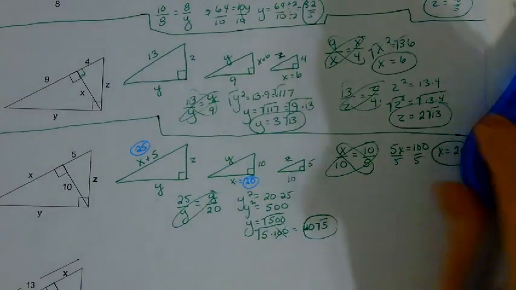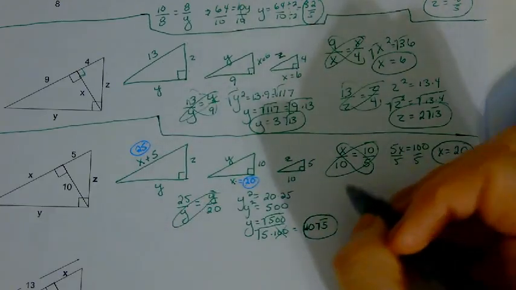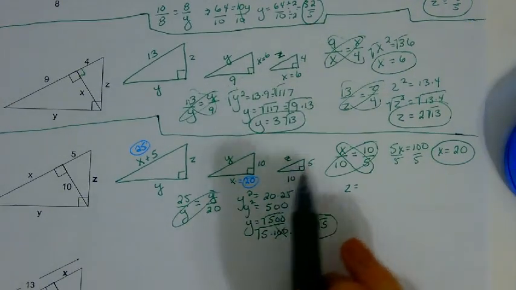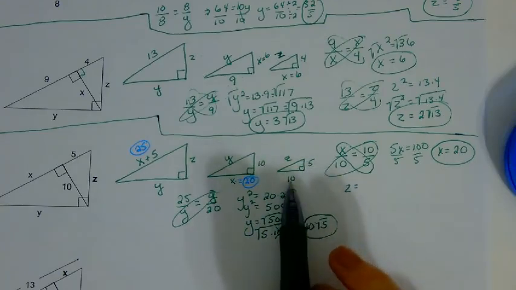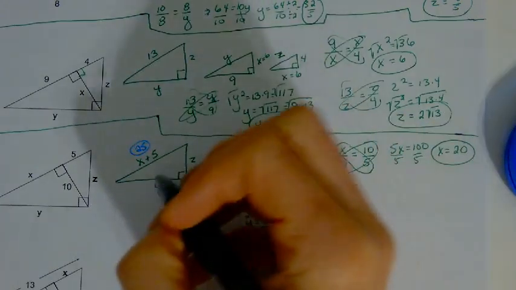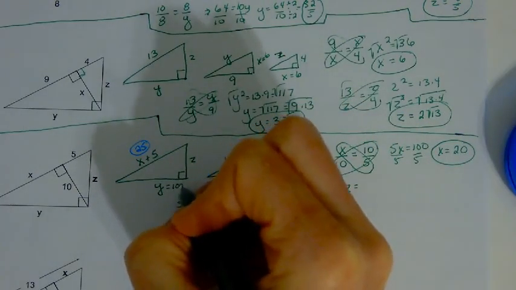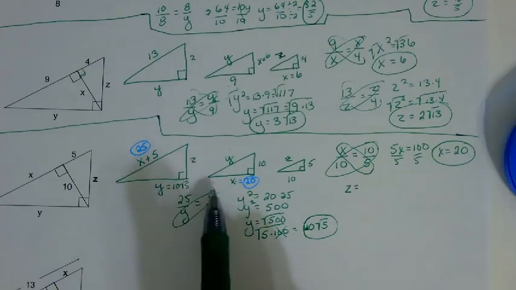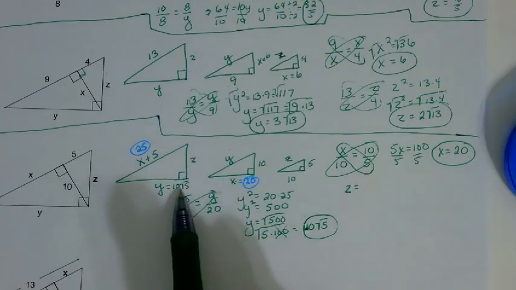So z. Well, here we could use the Pythagorean theorem, right? But if we ignore that and we use y equals 10 rad 5, we could compare y is to z. Let's see, 10 square root of 5 is to z as 10 is to 5. Let's just use the Pythagorean.